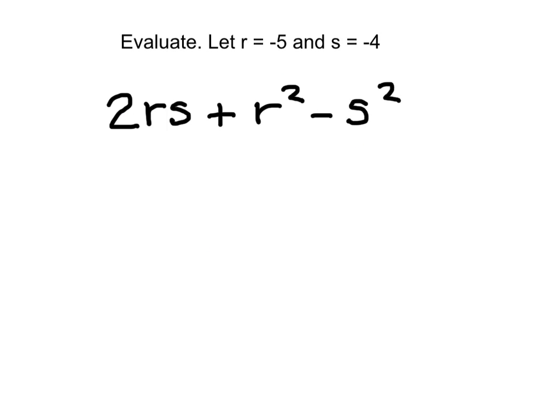All right, go ahead and pause your video, evaluate the expression, then restart to check your answer. Welcome back from pausing the video. Let's start by substituting in place of r, -5, in place of s, -4.